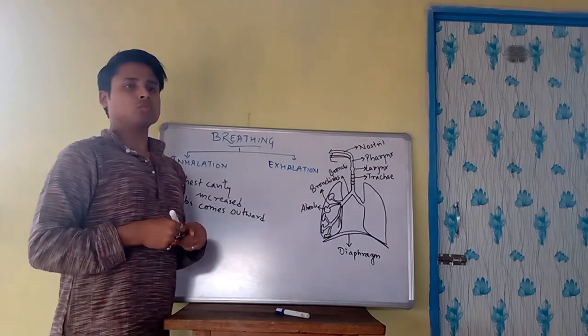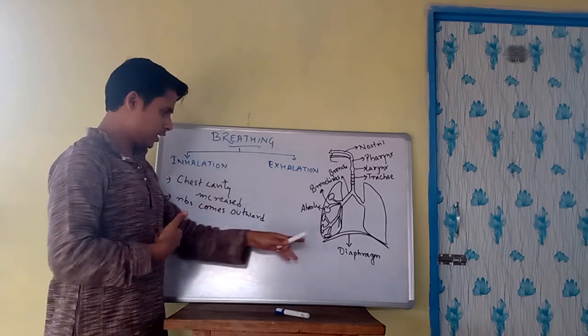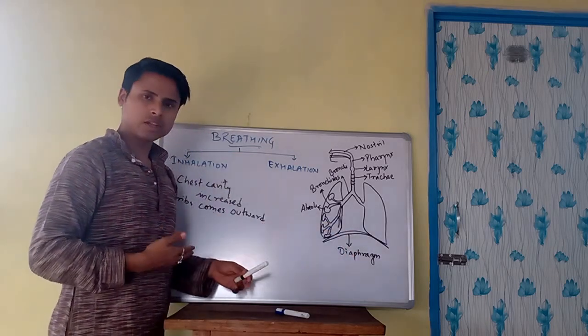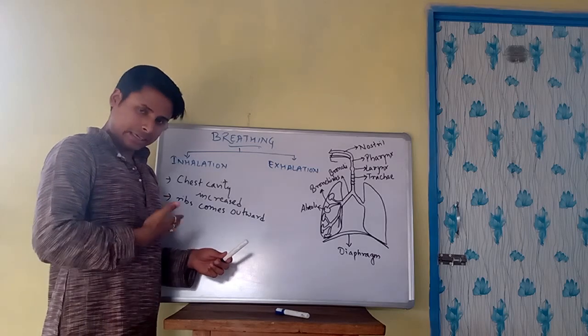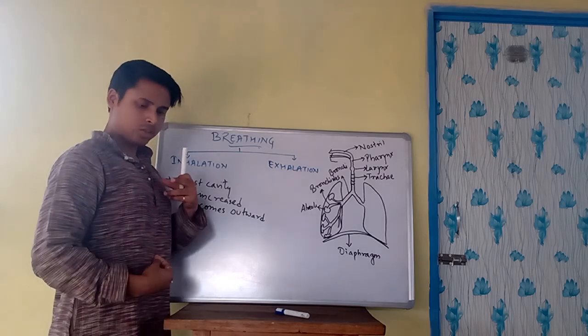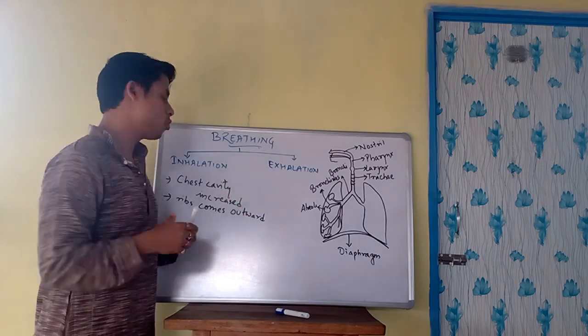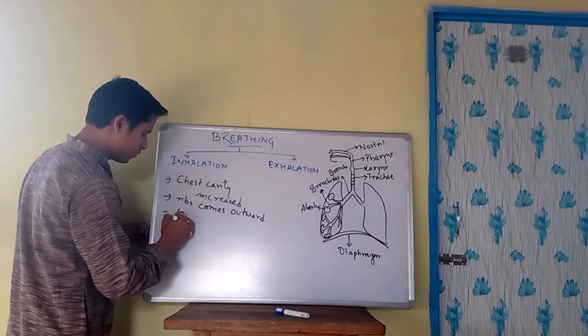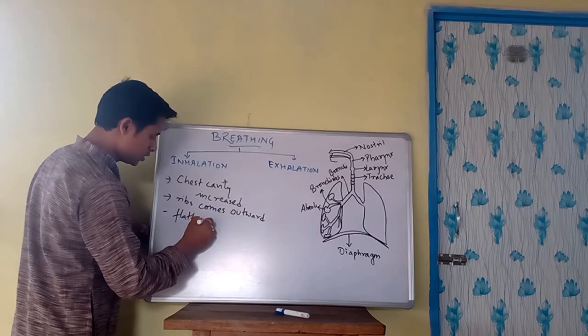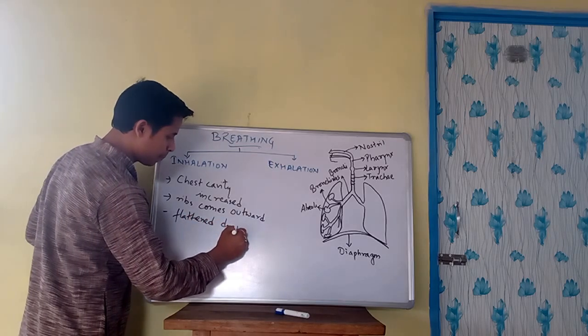And when the ribs come outward, there is a muscle called the diaphragm. The diaphragm gets flattened, right? When it gets flattened, it gets more area, more space. Flattened diaphragm.